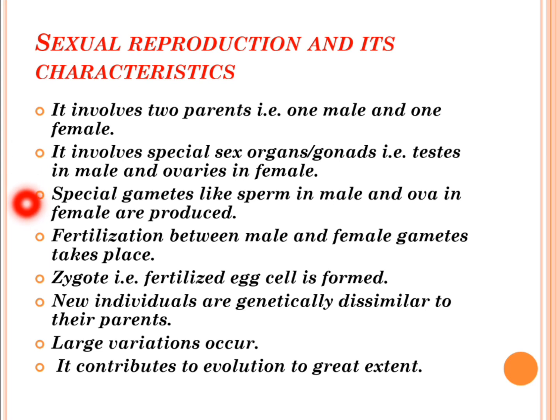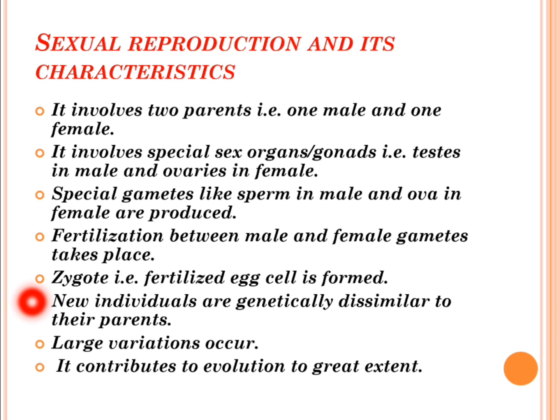Special gametes or sex cells or reproductive cells or germ cells are produced, like sperm in male and ovum singular and ova plural in female. Then fertilization between male and female gametes takes place. Then fertilized egg cell called zygote is formed.